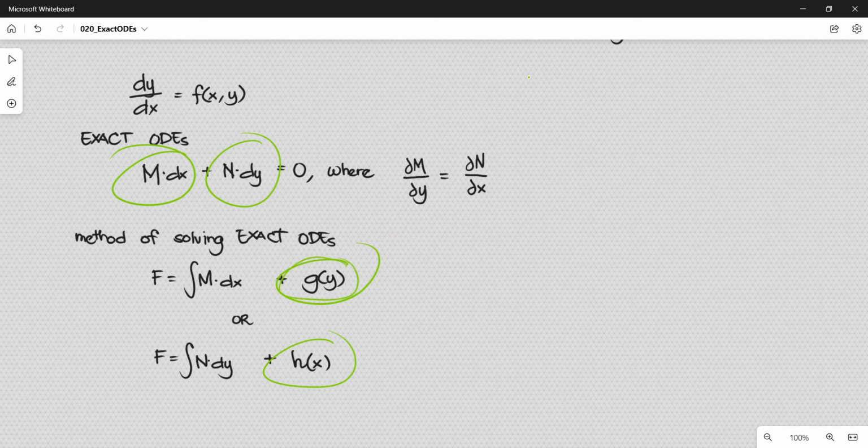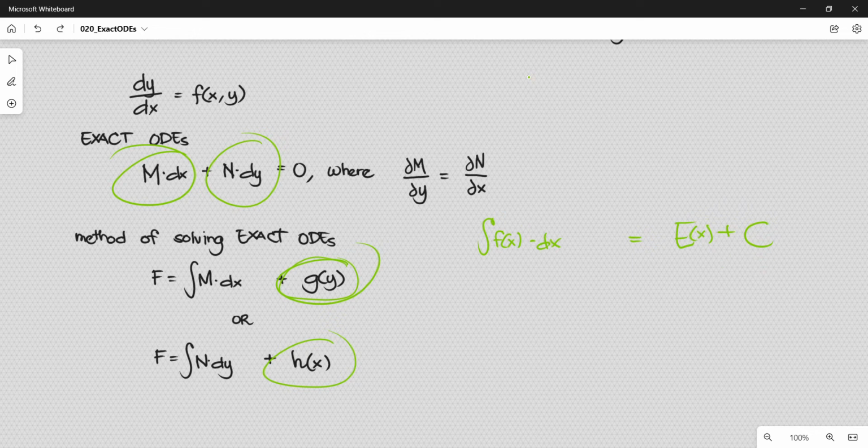Okay, so kapag nag-integrate tayo ng functions of one variable with respect dun sa variable na yun, meron tayong sagot, sabihin natin e, plus c. So may plus arbitrary constant.